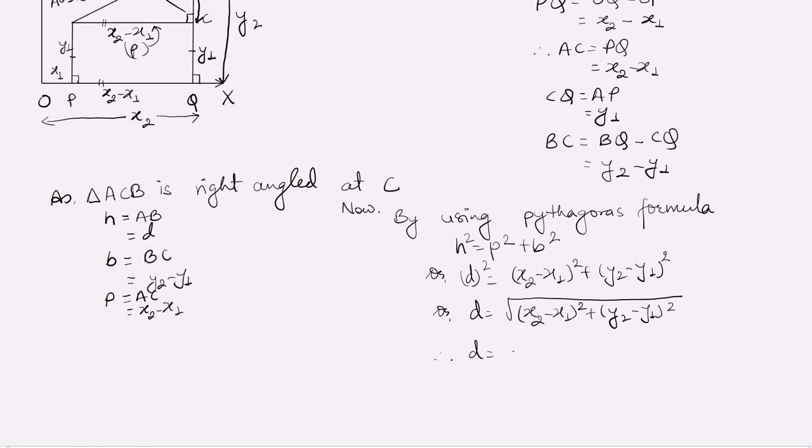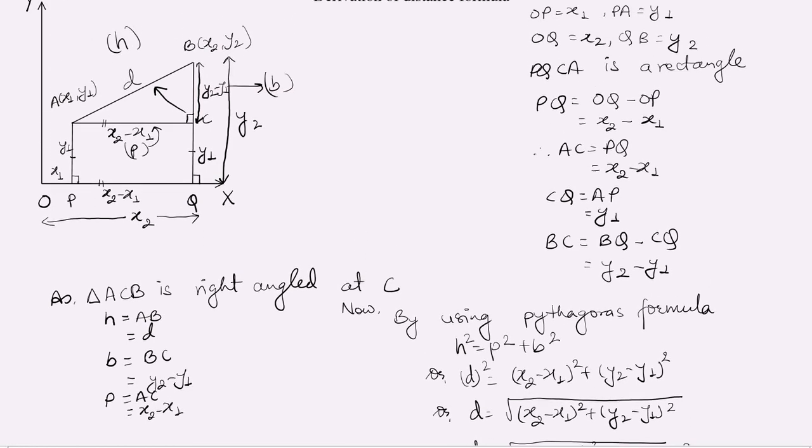Therefore, D equals under root (x2 minus x1) whole square plus (y2 minus y1) whole square. So in this way, we can derive the distance formula between 2 points.